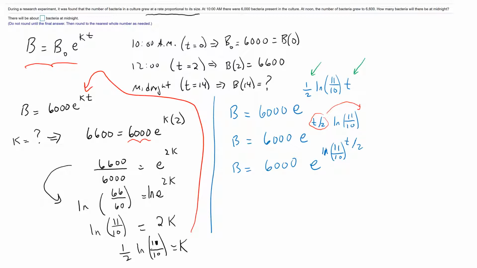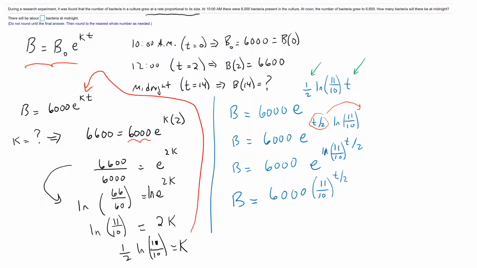And now the e and the natural log cancel each other out. So we have B equals 6,000 times 11/10 raised to the t over 2 power. Now I have a beautiful formula that I can use to figure out the number of bacteria at any time I want.